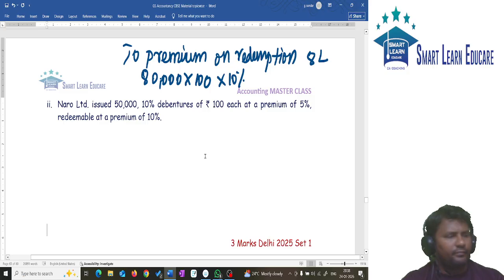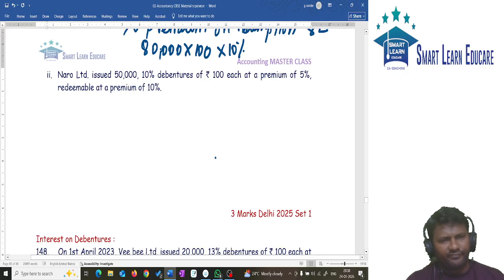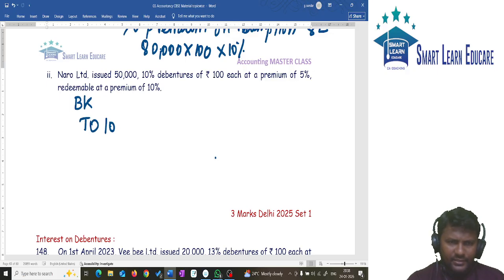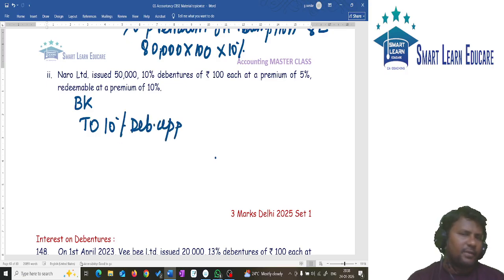So what is the entry? Have you written the entry? Okay, fine. So 50,000 debentures are issued, 10% is the rate of interest, 100 at a premium. First, bank account debit to 10% debenture application and allotment.